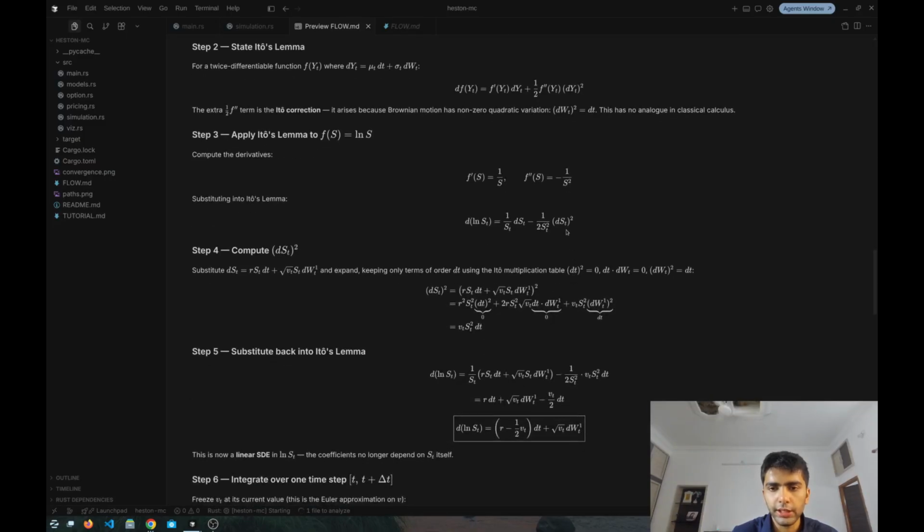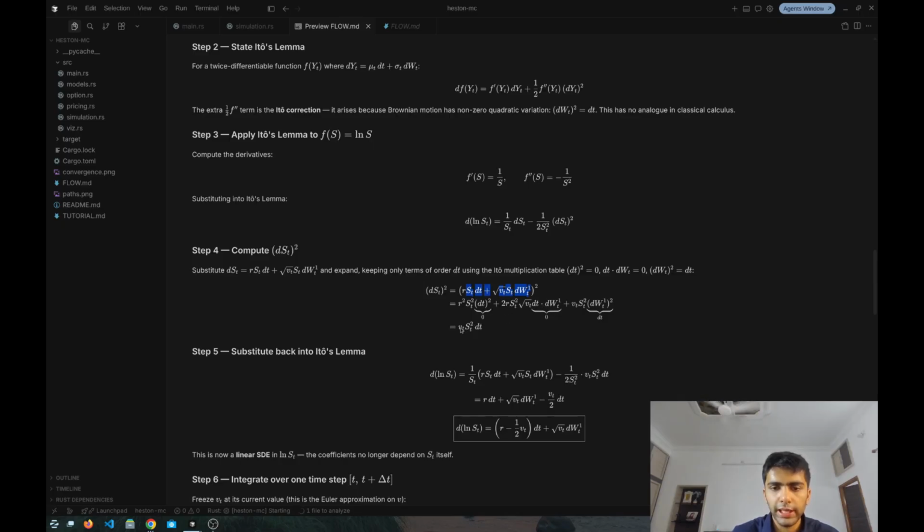And we can further expand this equation because we know that dS_t is equal to this particular SDE. So the square of this becomes this particular equation. And we know that in Ito multiplication, dt squared is 0, because dt is already small, and after squaring it, it becomes even smaller. So we treat this term as 0, and dt times dW is also 0, so this term becomes 0.